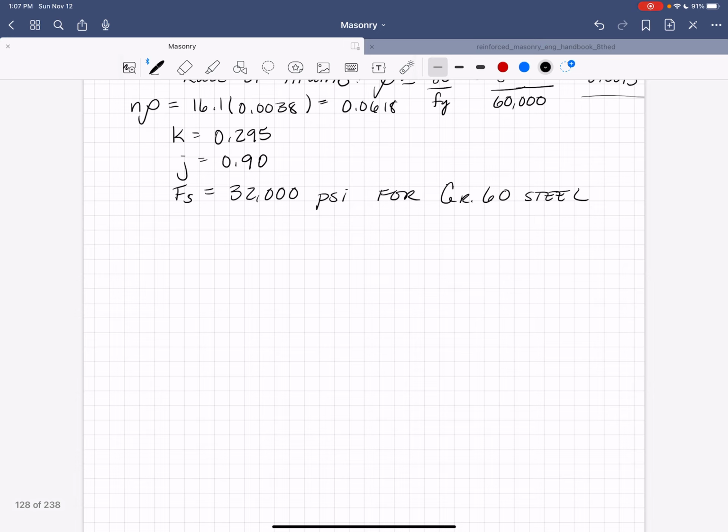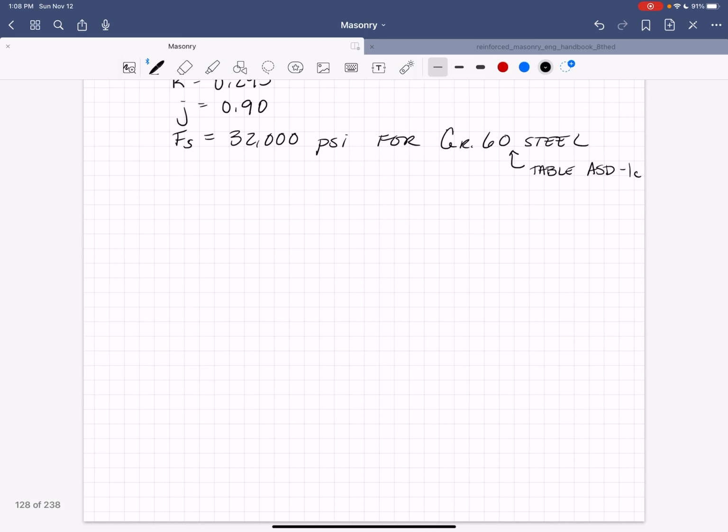If you want to find this, you can find that in the TMS at 8.3.3.1 or in the handbook table ASD-1C. Okay. So I'm not going to scroll to that. You'll see it if you go there.